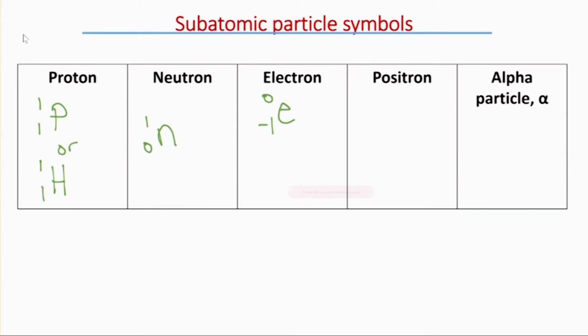Now, another way of writing this, and we're going to see this come up, so this is a little different. You could also write this electron with a B, as a beta particle, and the same symbols, the 0 and the -1. We call this a beta particle.